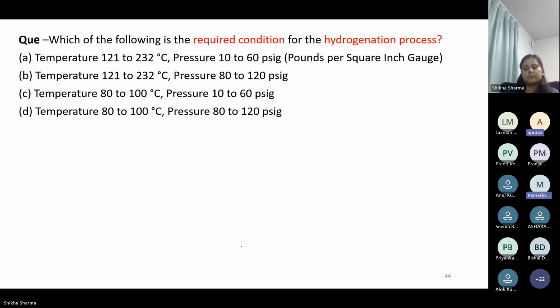Ma'am, hydrogenation is a heterogeneous reaction process which is complex in nature, where the reaction occurs between hydrogen and the liquid phase, converting unsaturated fatty acids to saturated fatty acids. Both of you are correct. So option A is correct here.